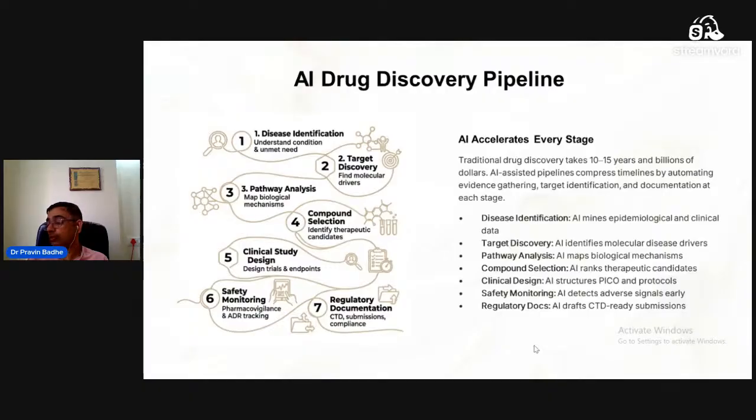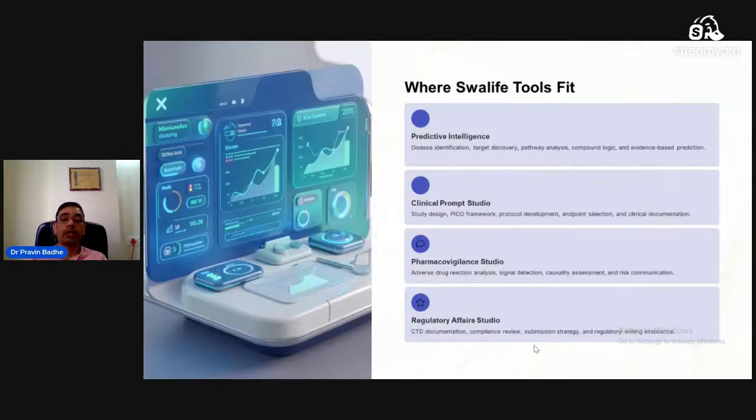So major areas are covered, and in predictive intelligence we have got some of the areas which we get with the help of the scientific prompt.